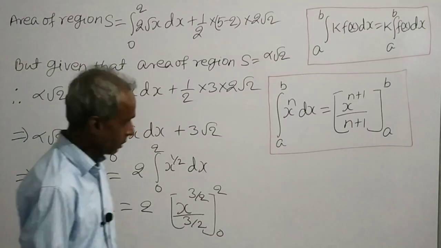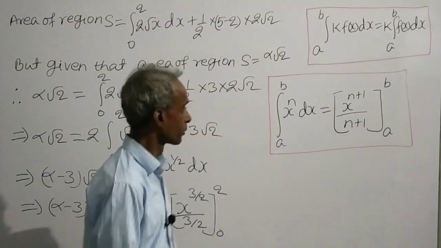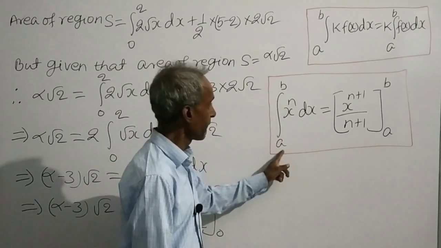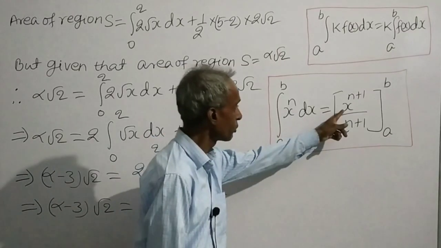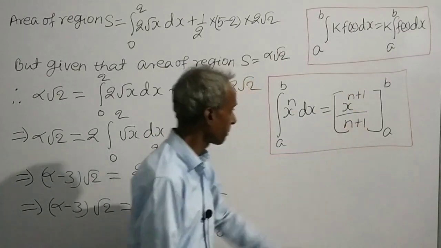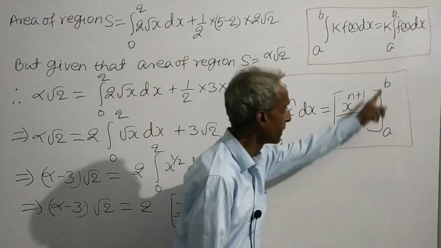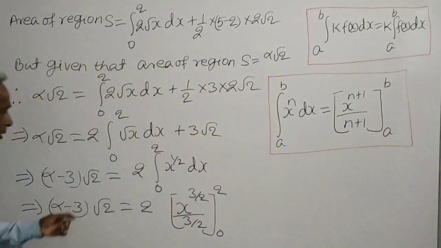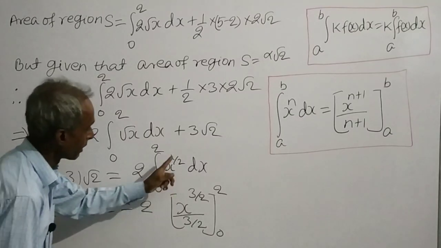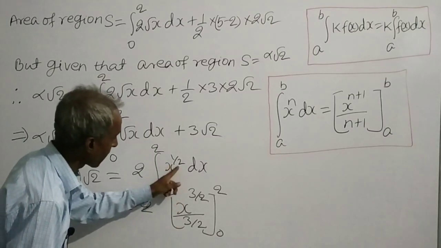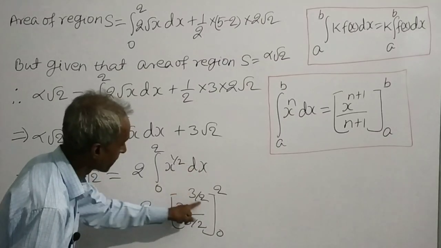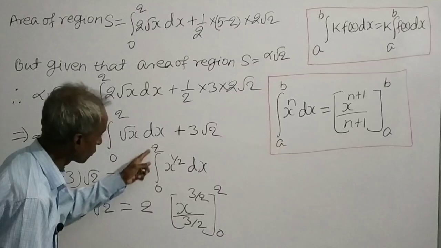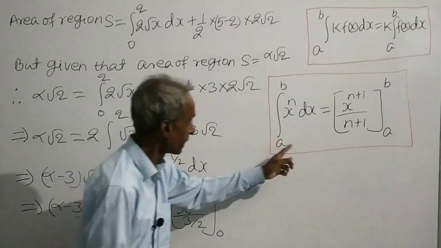Now this is the formula: integration of x to the power n dx from a to b is equal to x to the power n plus 1 by n plus 1, from a to b. By using this formula, we can write here x to the power 1 by 2 plus 1 means 3 by 2, by 3 by 2, 0 to 2.